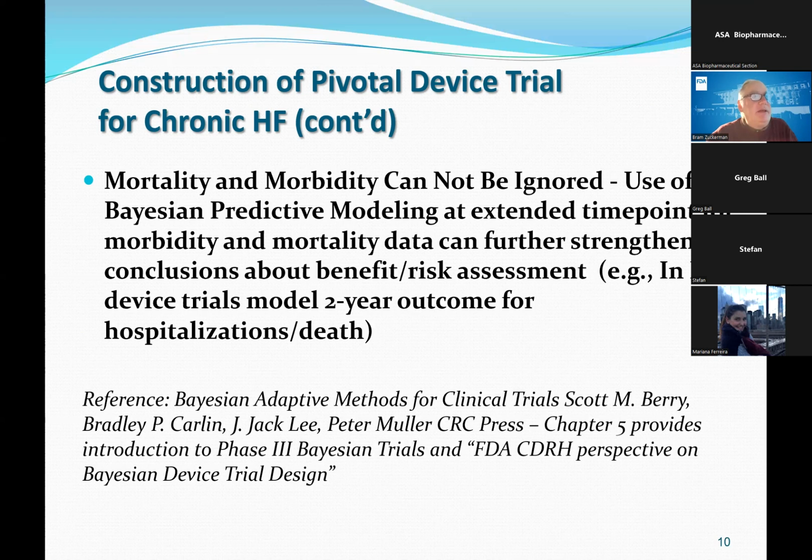For example, we might try to predict what would occur at 2 years, given some of the limited data that we have when all patients are followed out to 6 months. And a good reference is again provided on the bottom of the slide. So let's go to the next slide.